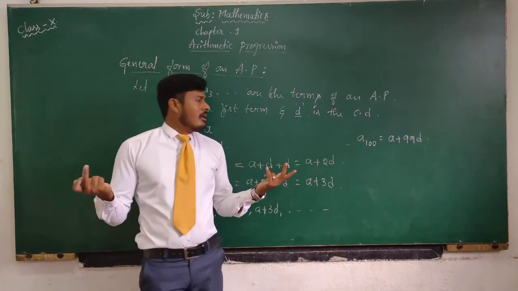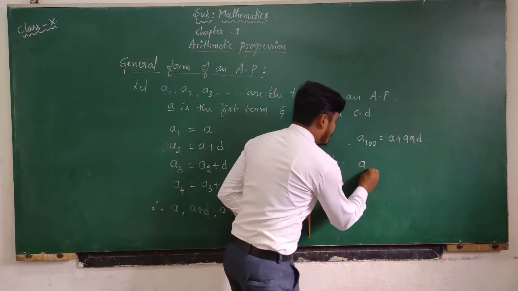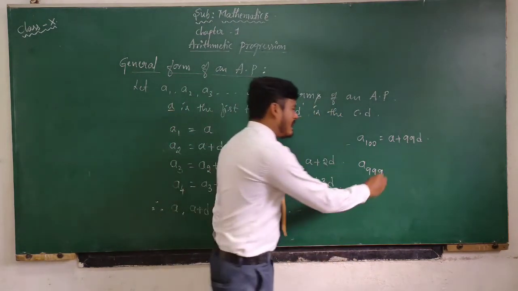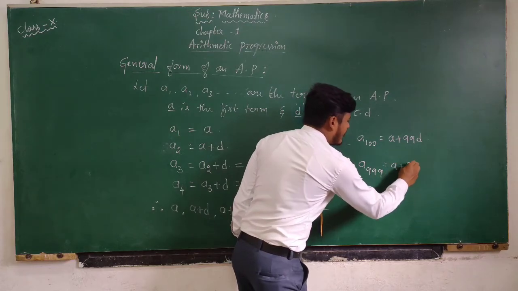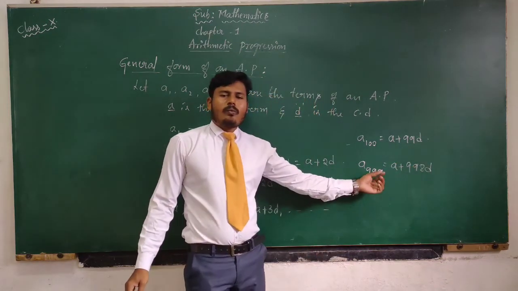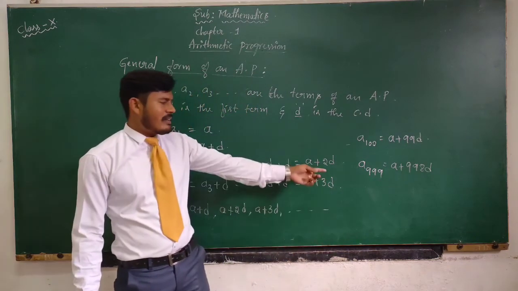Then what about the 999th term? The 999th term is a plus 998d. You should decrease 1 from the position of that term.